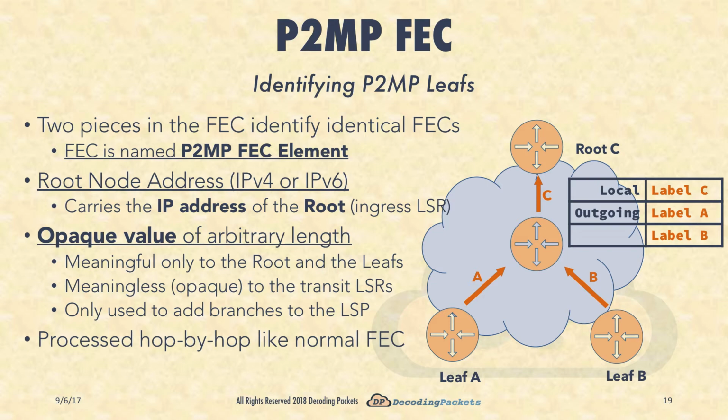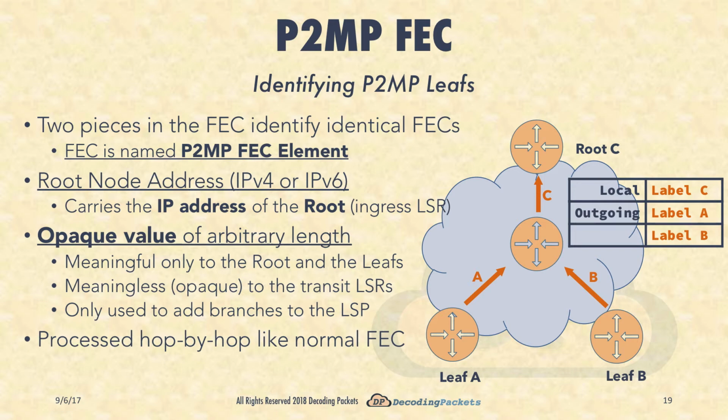Now, the opaque value is called thusly because it is meaningless to most of the LSRs in the domain. In fact, the only LSRs that have to understand how to properly decode this value, write information into it and read information out of it, are the ingress and the egress LSRs.